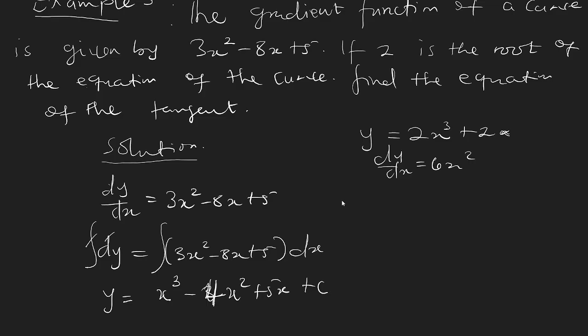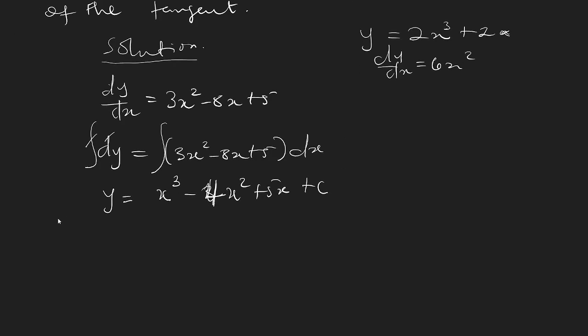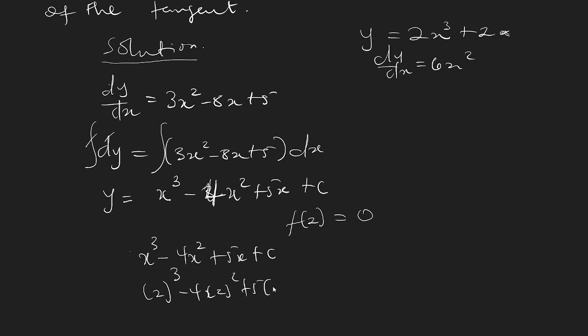So with the function x cubed minus 4x squared plus 5x plus c, f(2) should be equal to 0. So if I substitute 2 here, it should be equal to 0.